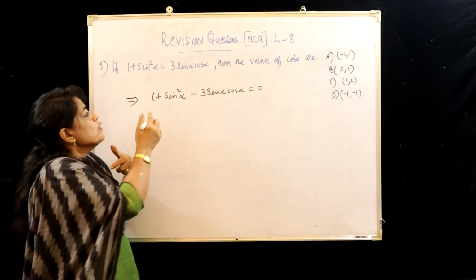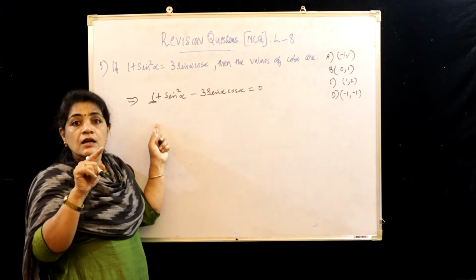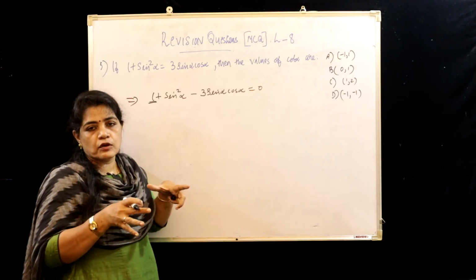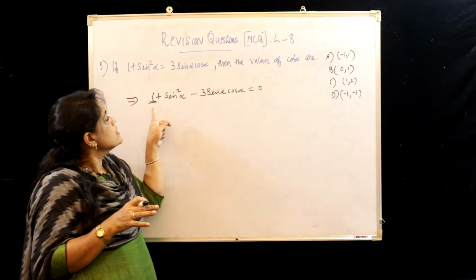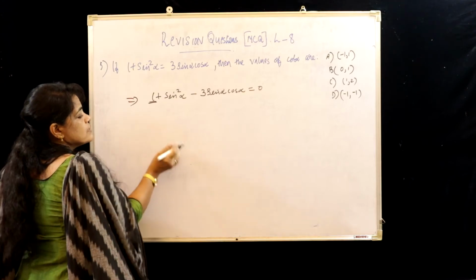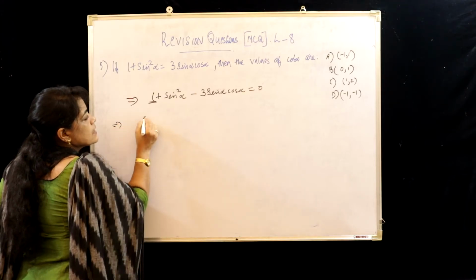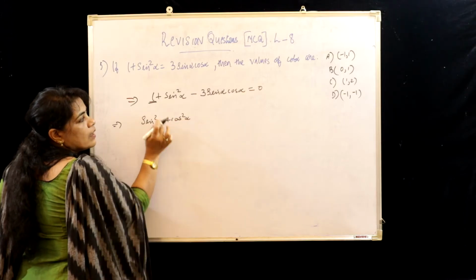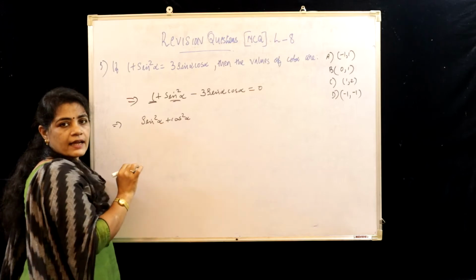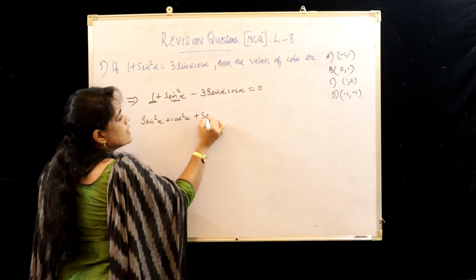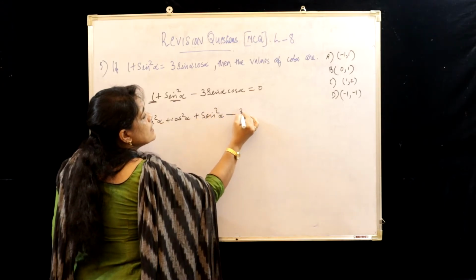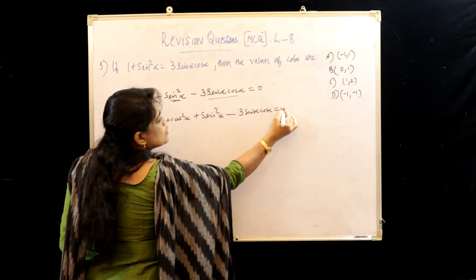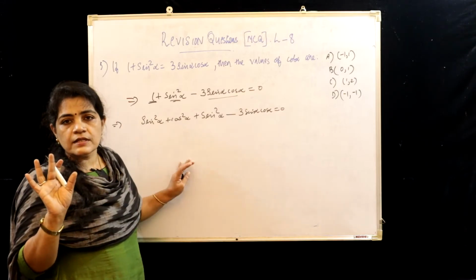So for that, I am going to substitute this 1 using the first identity, sine square alpha plus cos square alpha equals 1. So instead of 1, I am substituting sine square alpha plus cos square alpha, right? Then the second term, plus sine square alpha minus 3 sine alpha cos alpha equals 0. Is the first step clear, children?